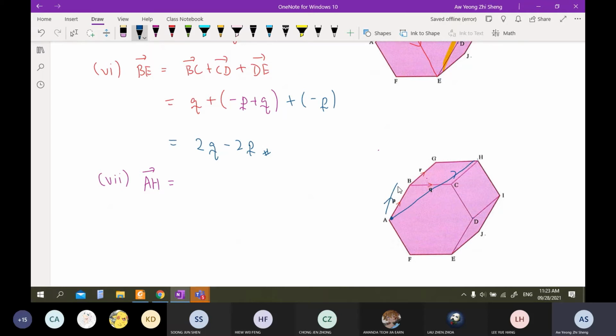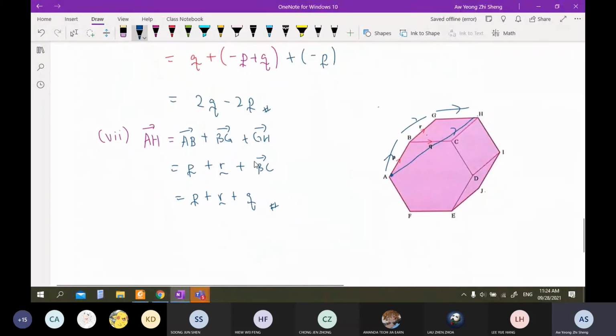You can take A, B, B, G, G, H. AB is clearly P. BG is given as R, while GH is the same as BC. So you have P plus R plus Q at the end, and done. If you want to rearrange it as P plus Q plus R, also can.